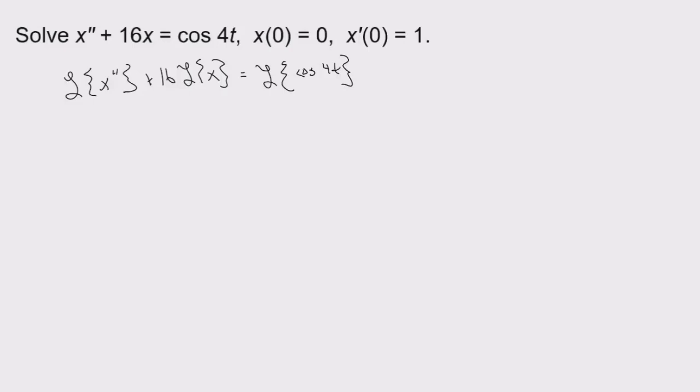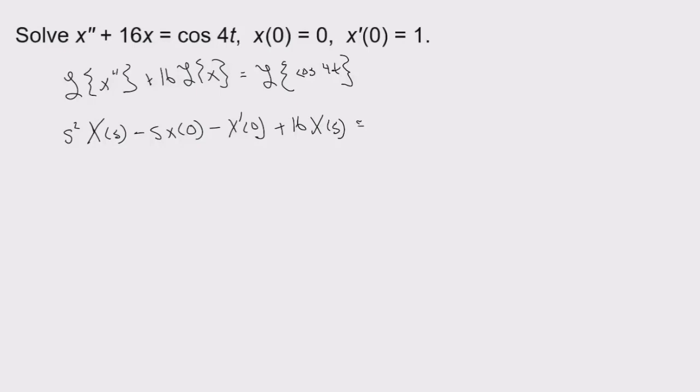Alright, and how does that process work? Well, Laplace transform for the second derivative has, so it's got s squared, and then it's a function of x in terms of s, minus s x of 0, minus x prime of 0, and then plus 16 times x of s.